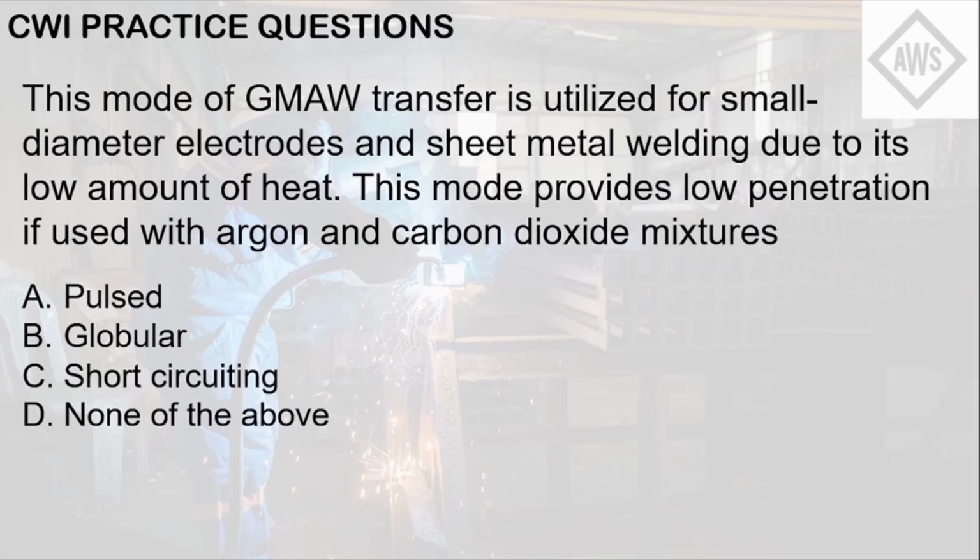So the answer here is letter C, short circuiting, because short circuiting has a low amount of heat and low penetration with its low current setting. Globular is not the answer because globules are inputted to the molten weld pool. So when you use globular on sheet metal, it will melt the sheet metal itself because of the droplets.